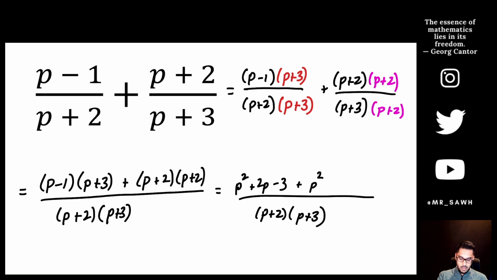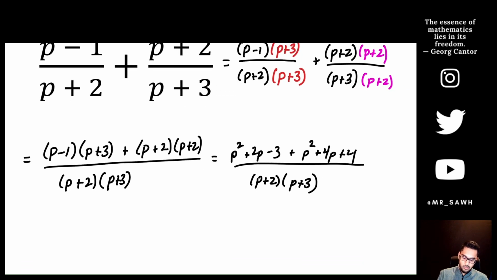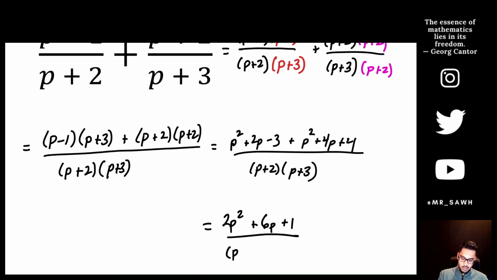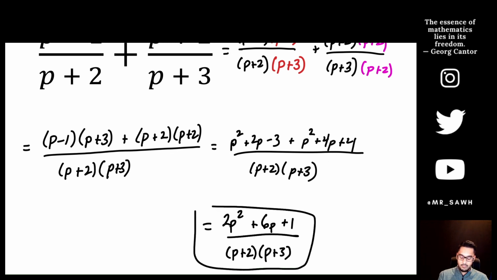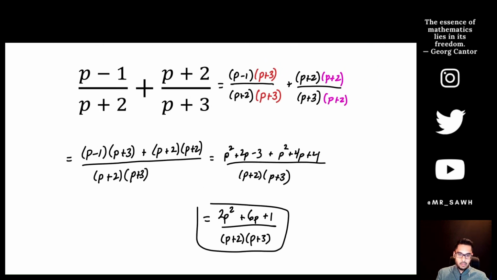By simplifying the numerator, you get 2p squared, so collect those like terms, plus 6p plus 1, whole thing divided by that common denominator, p plus 2, p plus 3. So I can do all of the same things that I could with regular fractions in the sense that they were just rational numbers. All of that is still true with rational expressions, with variables.